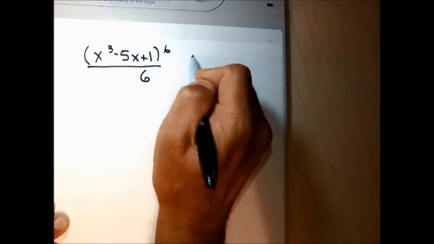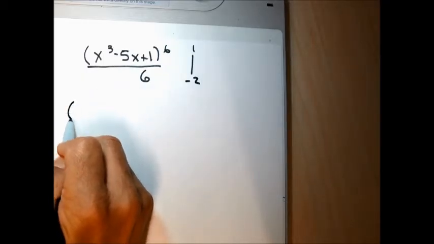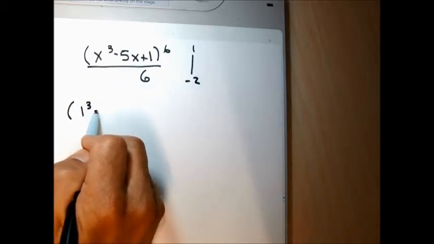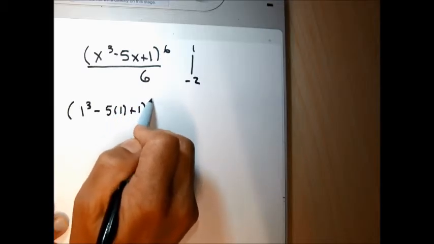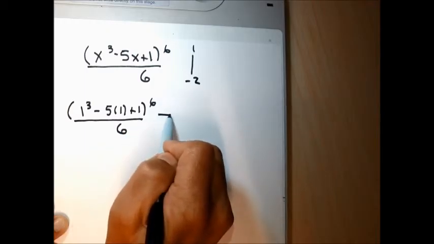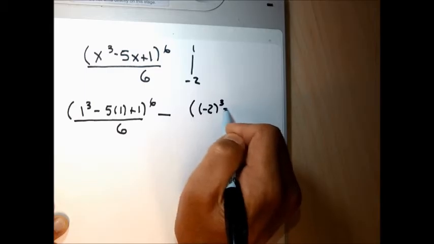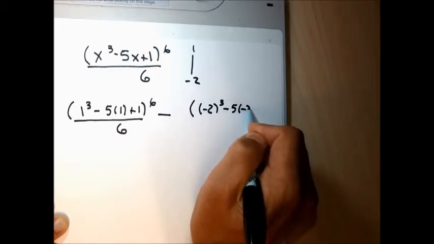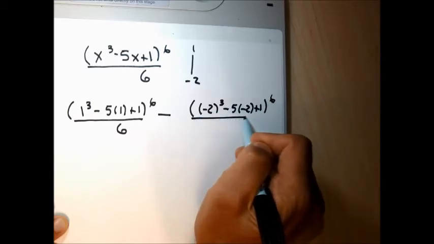I'm supposed to evaluate it at 1 and at -2. To do it at 1, I'm going to do 1 cubed minus 5 times 1 plus 1 to the 6th power over 6, and then minus, I'll do the -2. -2 cubed minus 5 times -2 plus 1 to the 6th over 6.